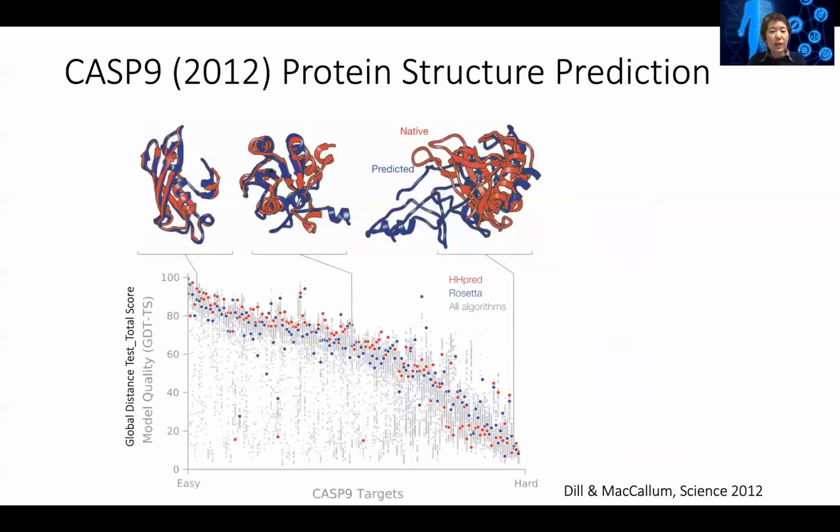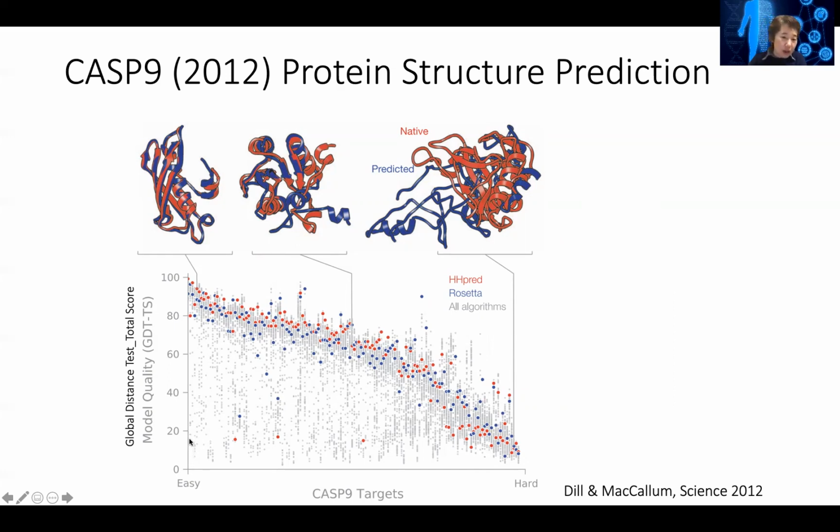And so continuing on the protein structure prediction, we can see this is CASP9 in 2012. So usually after a competition, the experts will evaluate all the predictions and they will write a summary paper to be published. And so you can see here that year, the columns include all the structures that were solved, and they can see which algorithm predicted well or badly.